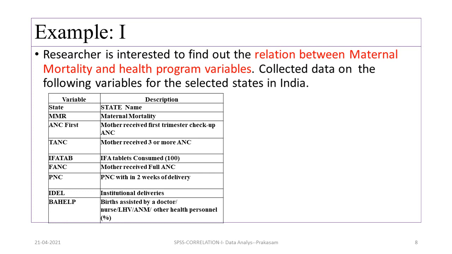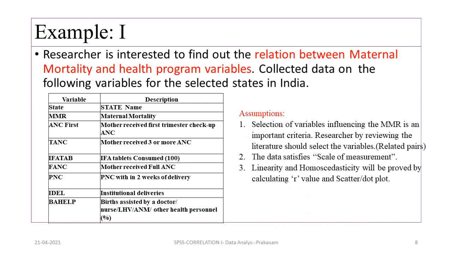These are the variables, and the researcher is interested to find out the relation between maternal mortality and health variables. For that purpose, he has collected some data for the selected states. Before selecting the data, we have to satisfy the assumptions.